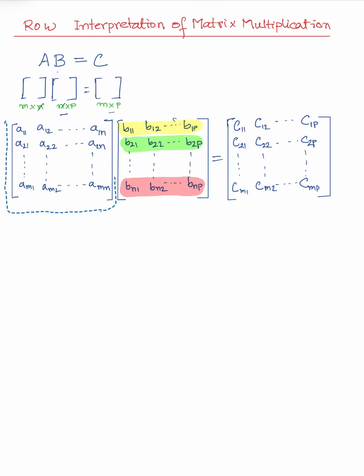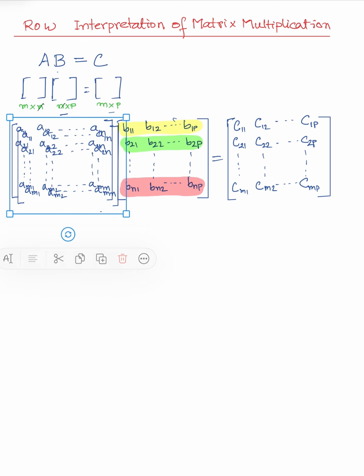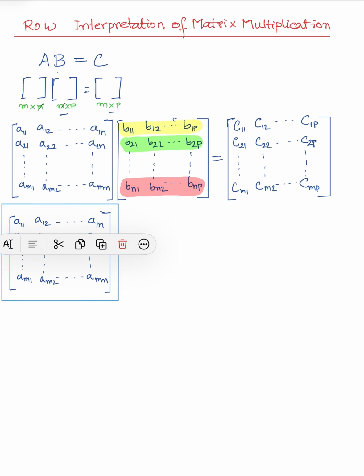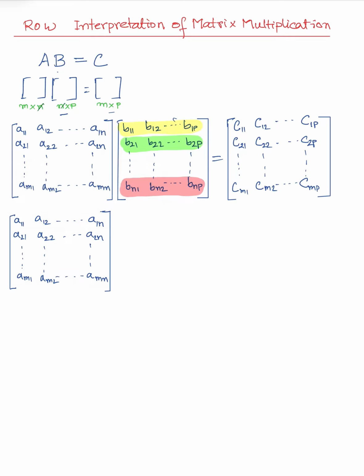This one we write as it is, but for this next one, we are going to turn these rows into single elements.